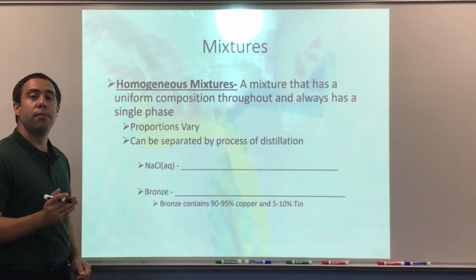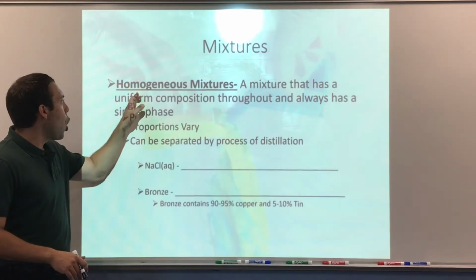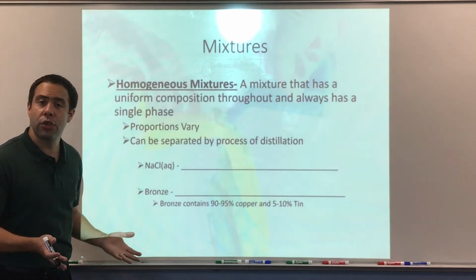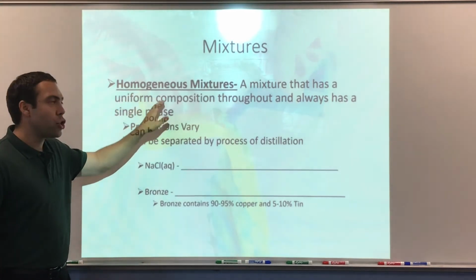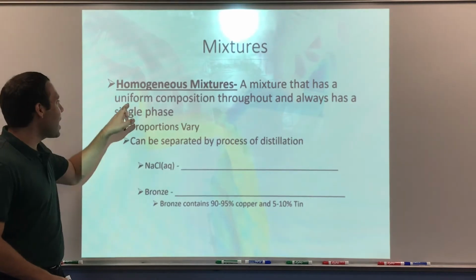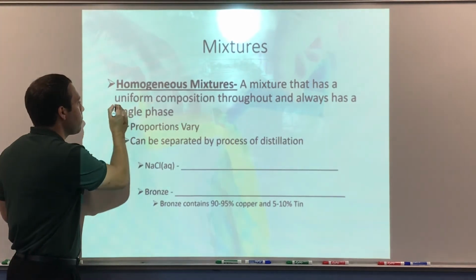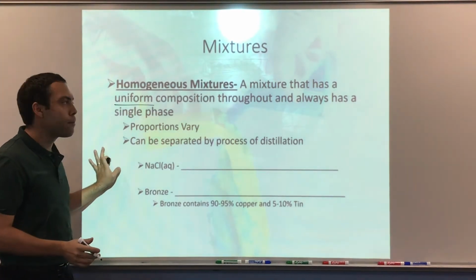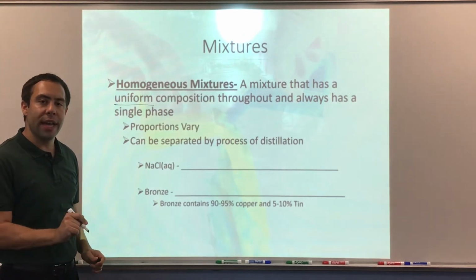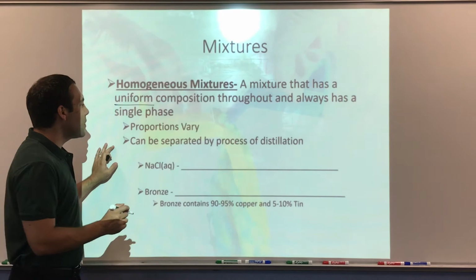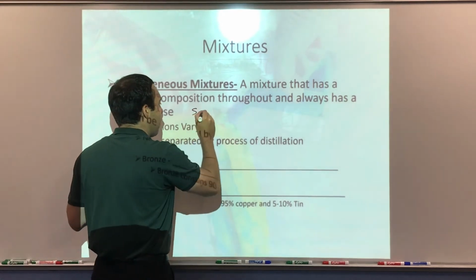Mixtures can also be broken down into 2 categories: homogeneous mixtures and heterogeneous mixtures. A homogeneous mixture is a mixture that has a uniform composition, keyword uniform, composition throughout, and always has a single phase. So it always looks the same throughout.